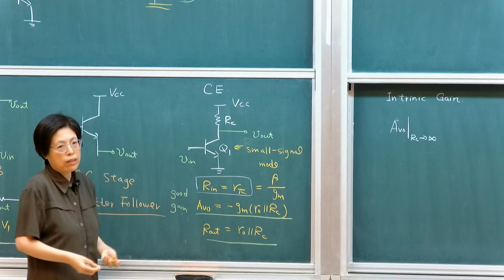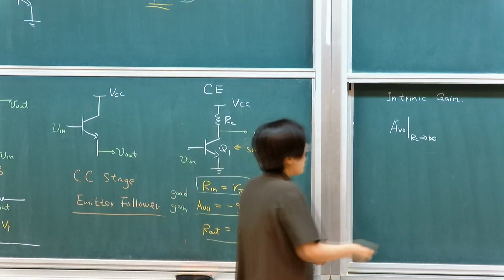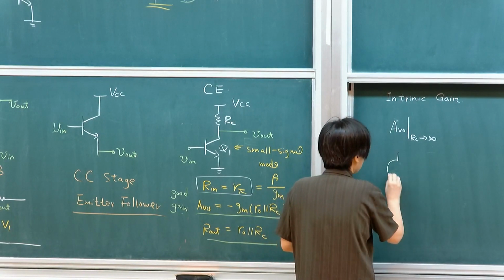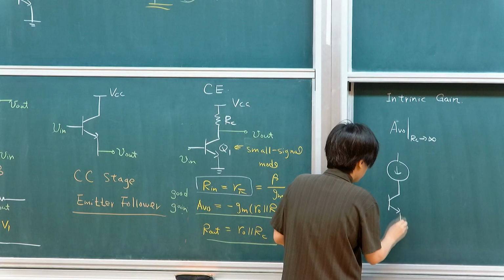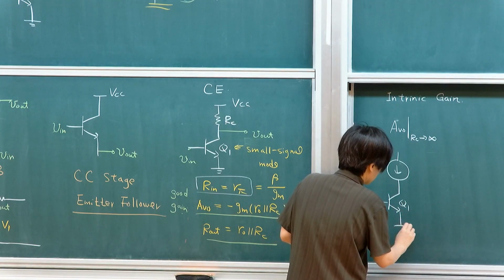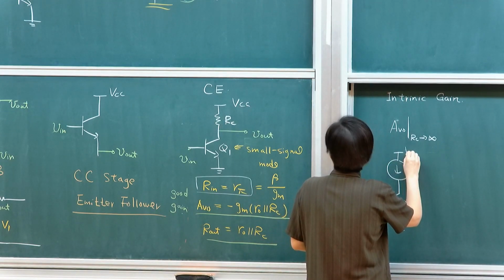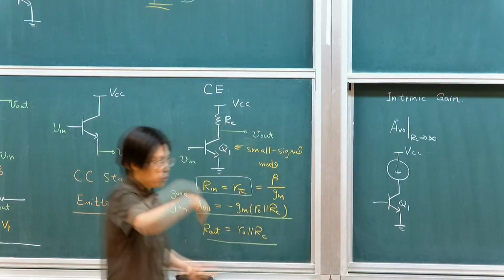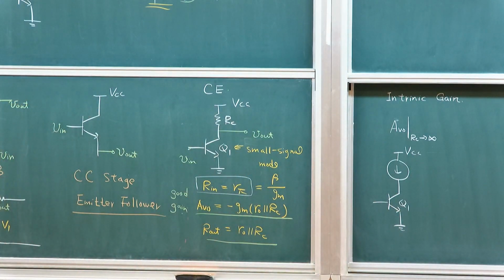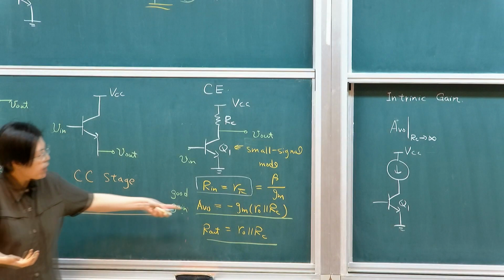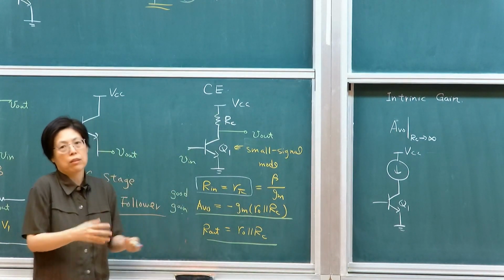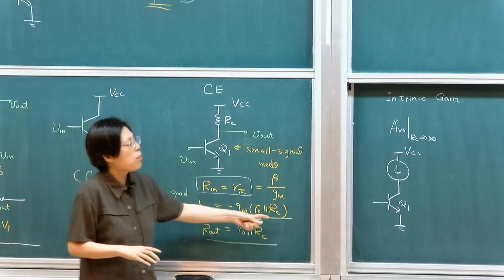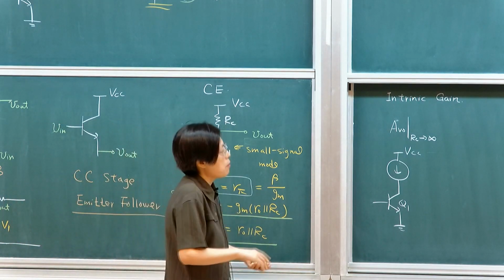So what if I have RC equal to infinite? How do I establish that? If I can build an ideal current source, this will give me the ultimate limits of where your ceilings are. Meaning that if you look at this, this will depend on your RC mostly, because RC is typically the dominating resistance, the smaller one in most cases.